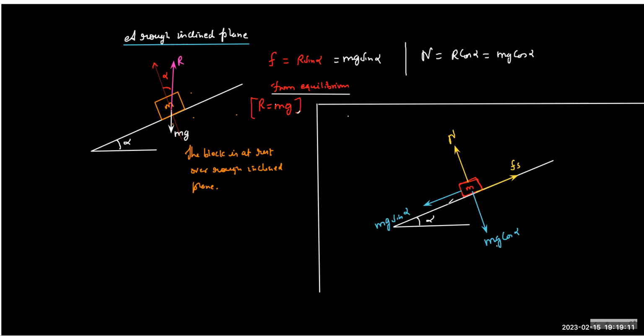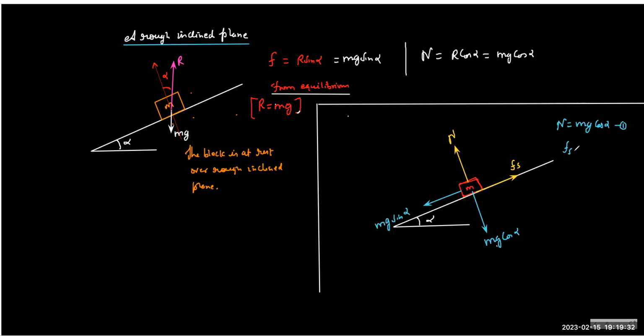To keep the block at rest, the net force must be 0. And if you make the net force 0, it means component-wise it is also 0. So component-wise, N will balance what? mg cos alpha, sir.